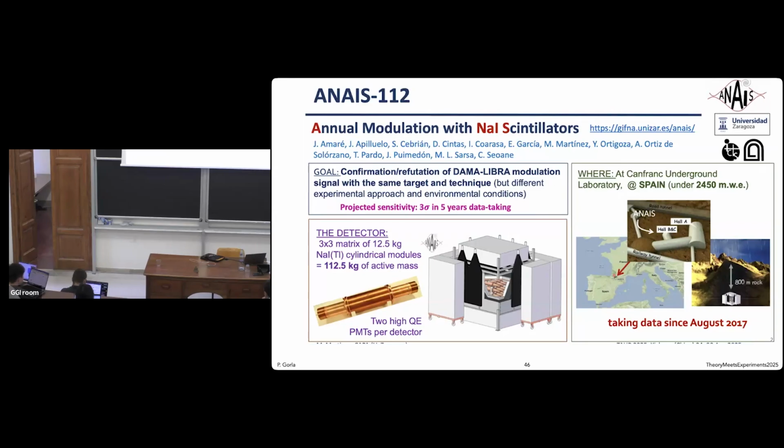This version of the detector has been in data taking since 2017. It's about 100 kilograms of active mass with 2 phototubes coupled to each sodium iodide crystal.